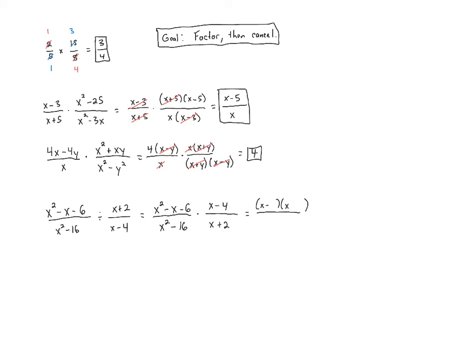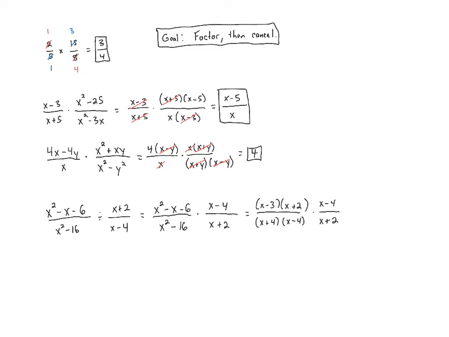And those numbers are negative 3 and positive 2. In the denominator, we have a difference of squares. X squared minus 16 can be factored as x plus 4 times x minus 4. And then the other rational expression can't be factored at all, so we leave that as x minus 4 over x plus 2.